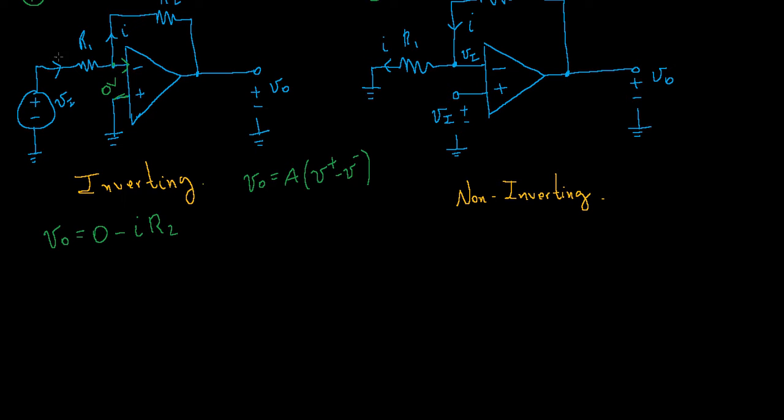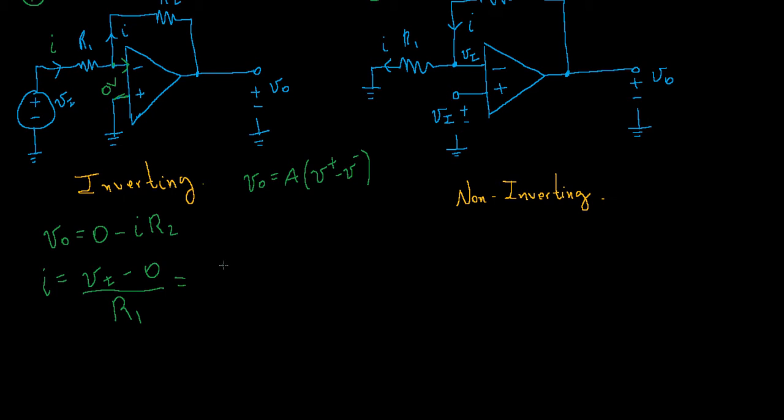Now that we have V0 and we have resistor R2, we need to find out the current. What is the current flowing into here? There's no current flowing into the minus input, so all the current is going through R1 and then R2. So the current I is going to be equal to the voltage Vi minus the voltage at V minus, which is 0, divided by resistor R1. This is just Ohm's law.